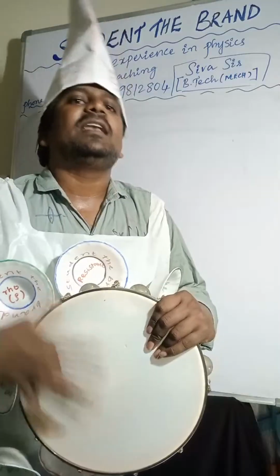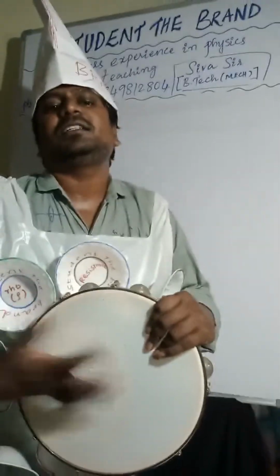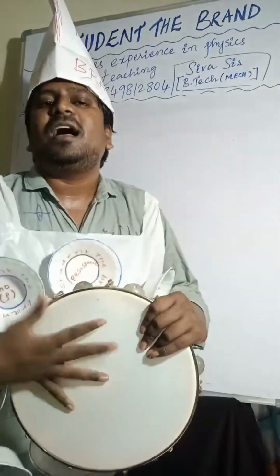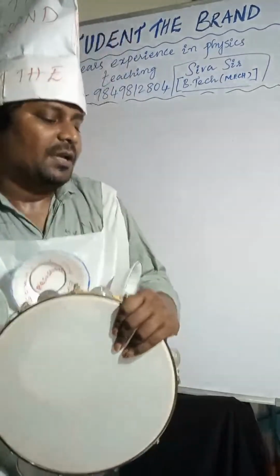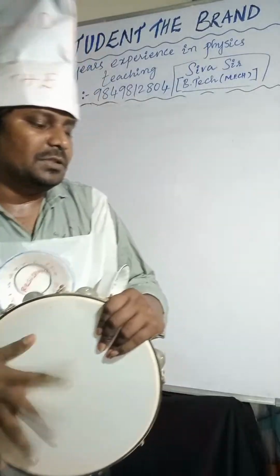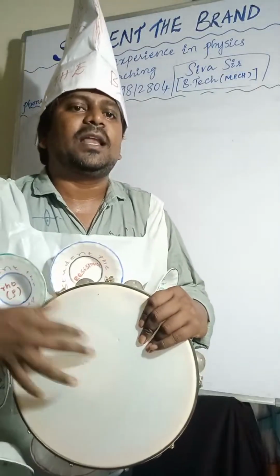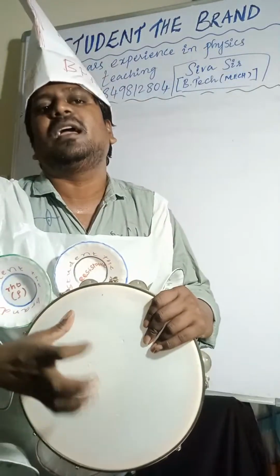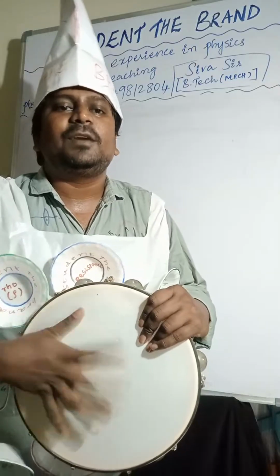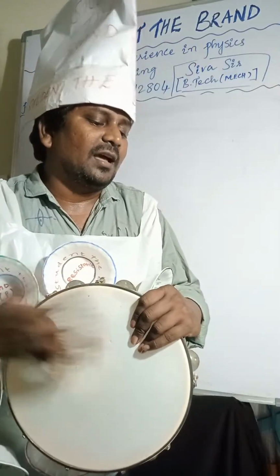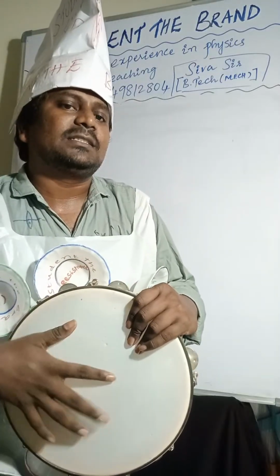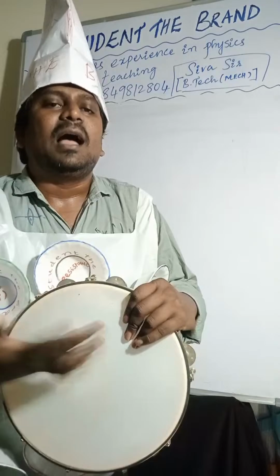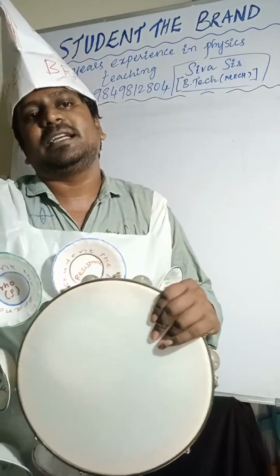New Cartesian sign convention. New Cartesian sign convention. All distance are measured from the pole. Distance are positive above the principal axis. Distance are negative below the principal axis. Distance are positive along the principal axis. Distance are negative opposite to instant trace.